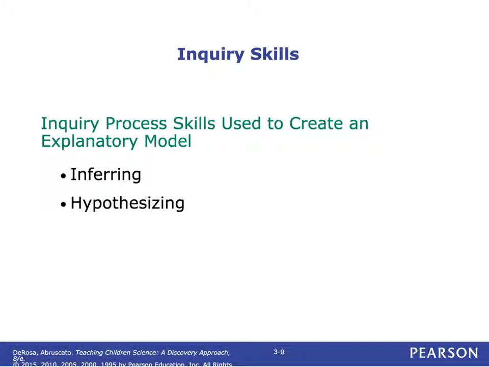Inferring uses logic to make assumptions. It's very important to understand the difference between inferring and observing. When you observe something, you use the senses in order to describe something. And inference is an assumption that you make that is based on that observation.